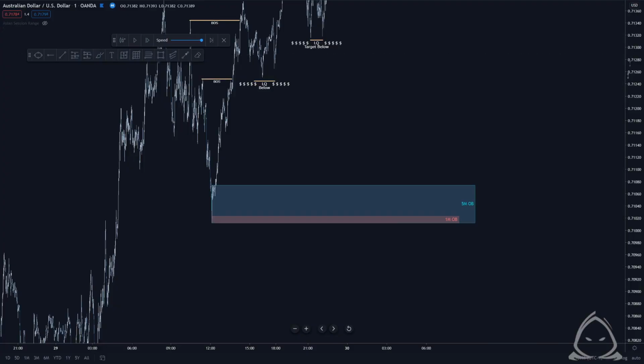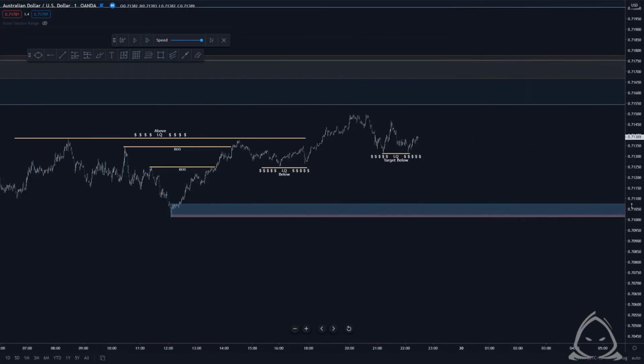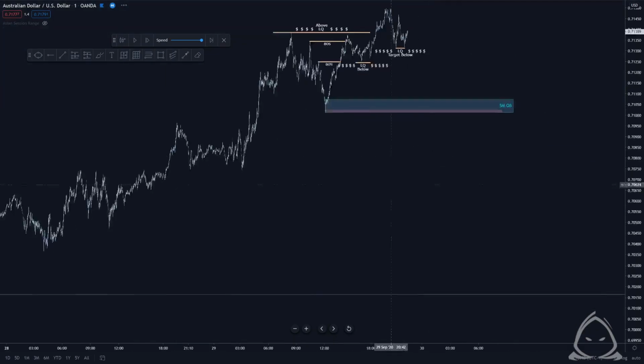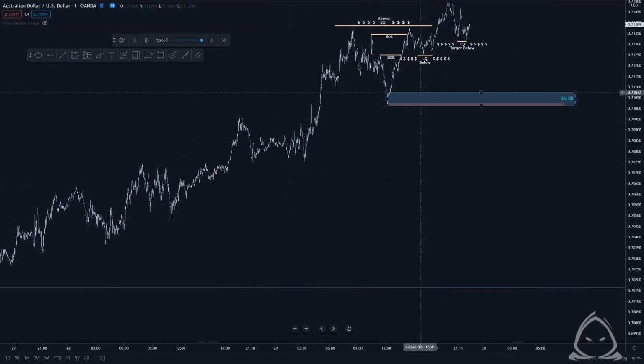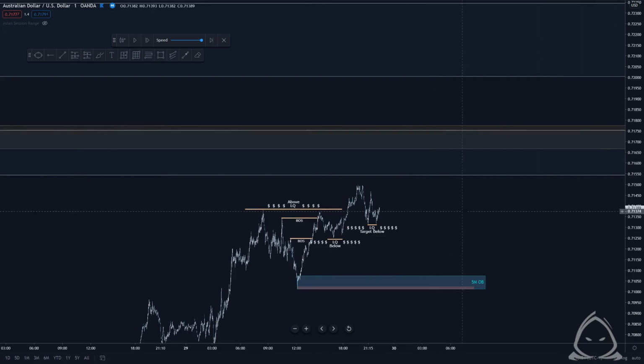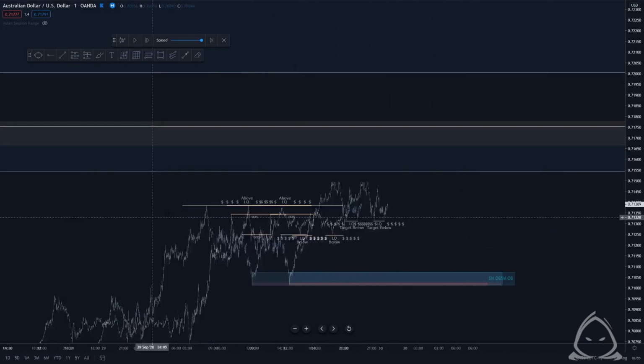Let's clean this up a little bit, right? Again, we are still bullish, looking for longs, right? We're acting off the daily order block. We are targeting this area here, right?